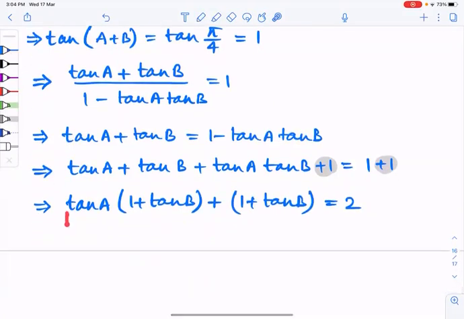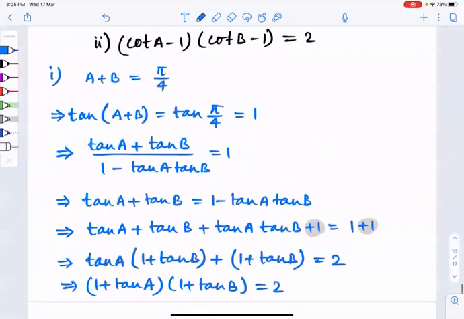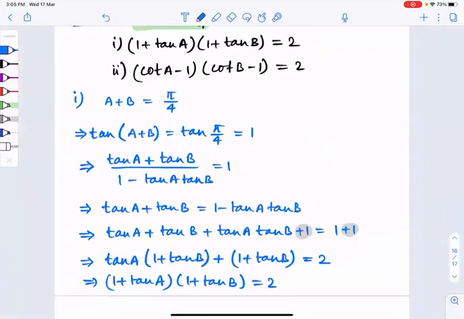Now from these two terms, I can take 1 plus tan B common, and finally I get 1 plus tan A into 1 plus tan B is equal to 2, and that is the proof. That's all. We wanted to prove that.